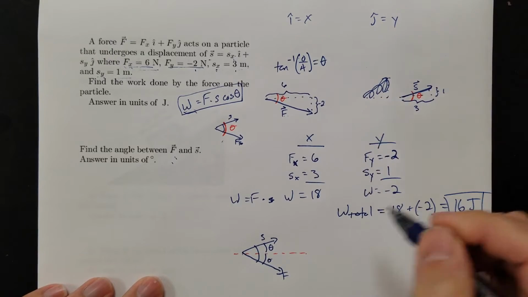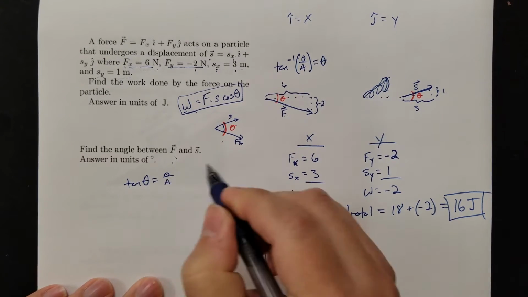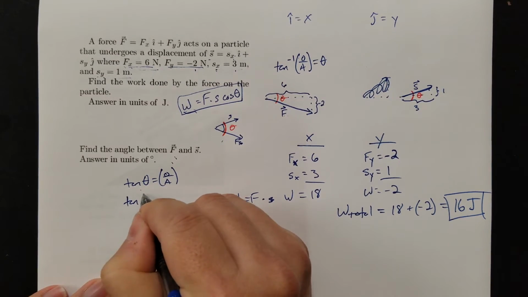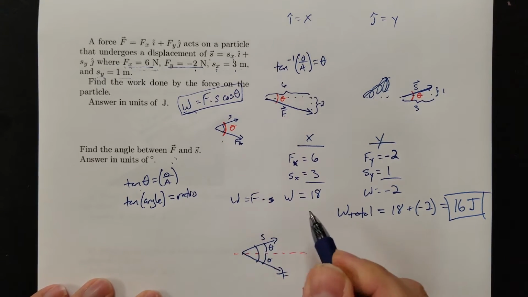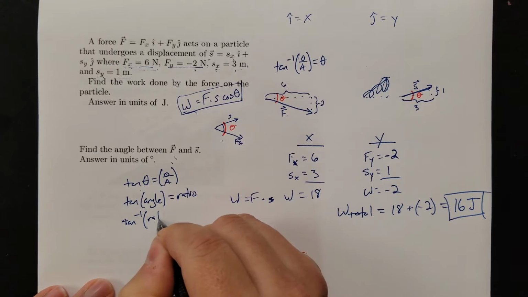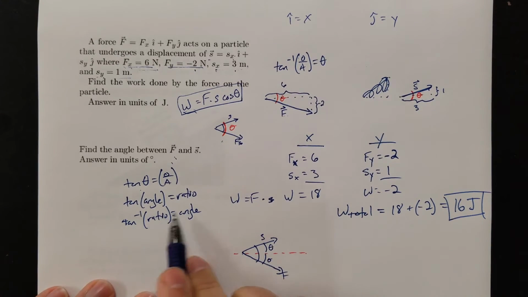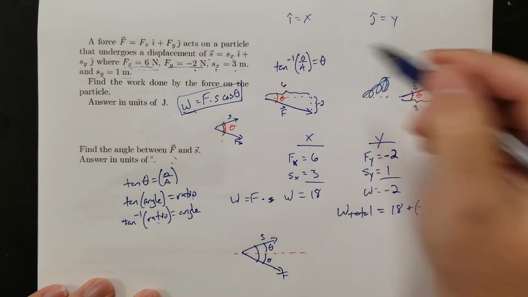Because remember, tan theta is opposite over adjacent. So an angle gives you a ratio. If you take the inverse tan of the ratio, that gives you the angle. The inverse tan just switches angle and ratio. So I'm going to take the inverse tangent of opposite over adjacent.